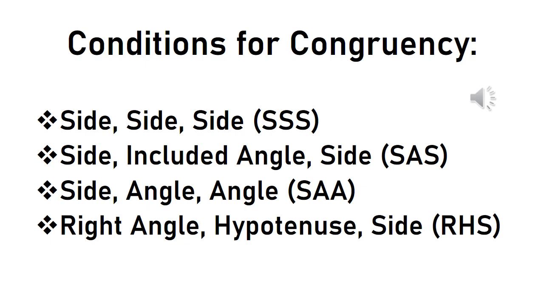The second would be side, included angle, side. The third is side, angle, angle. And the fourth one would be right angle, hypotenuse, side. Obviously the fourth condition would be only if it is a right angle triangle.